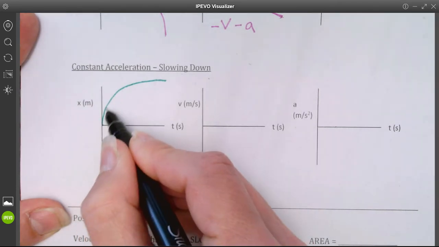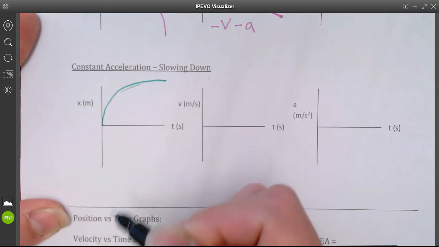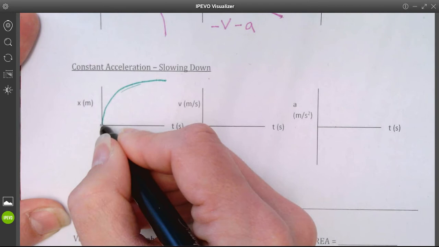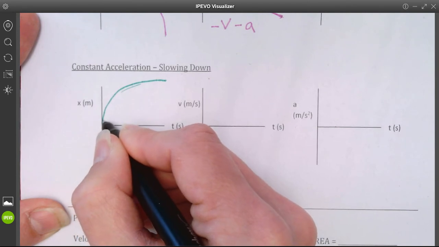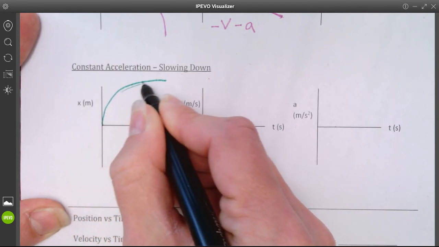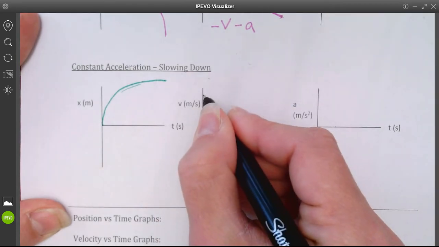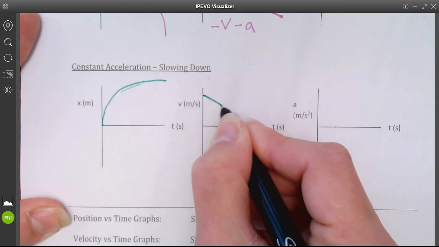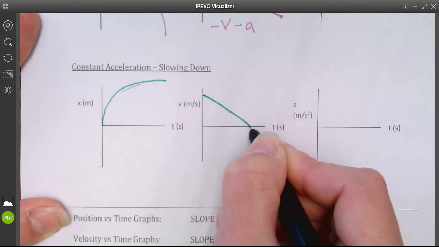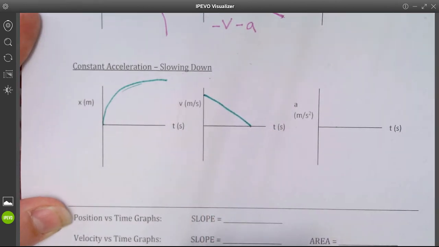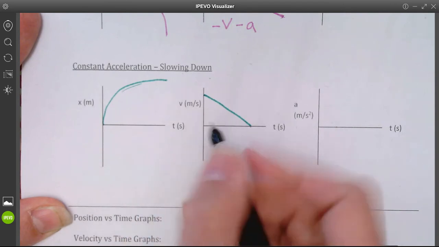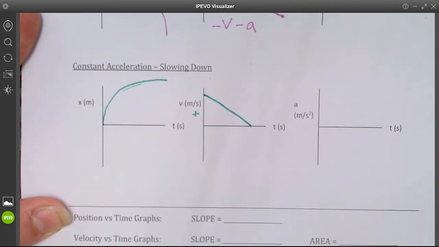So this is showing slowing down in the positive direction. But what we see happening here is that my slope is decreasing. It's getting shallower. So I'm starting at some high velocity, and my velocity is gradually decreasing to 0, but we have a positive velocity, so we're on the positive side of our velocity graph.